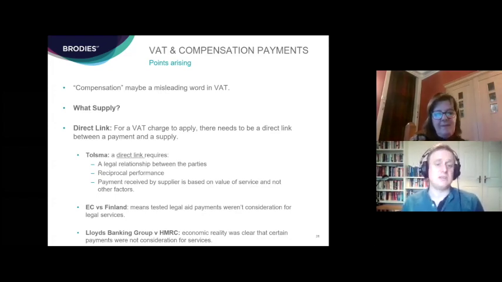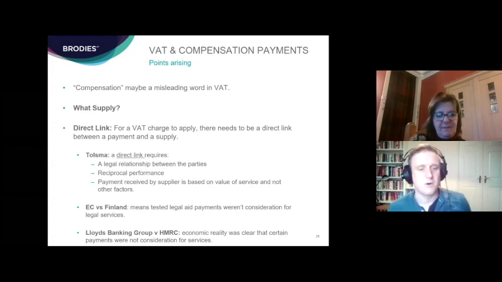And thirdly, the payment received by the supplier is effectively based on the value of the service and not other factors. And in Tolsma, they fell down on this again because the amount paid had nothing to do with the music. It was based on what people felt like giving or the change they had in their pockets. On that latter test, there's another interesting case, European Commissioners against Finland.